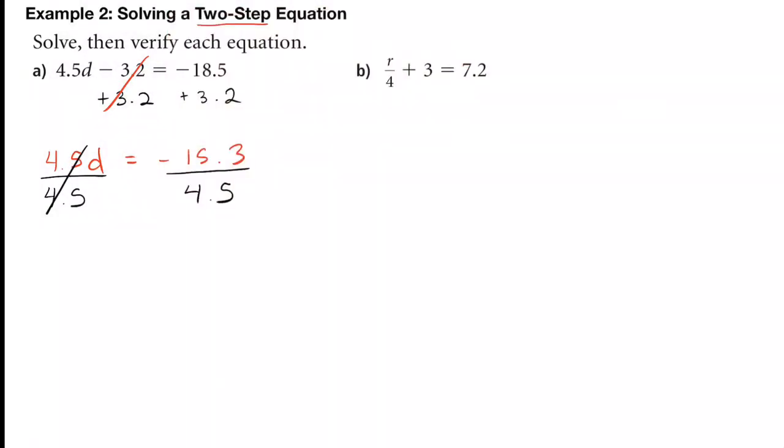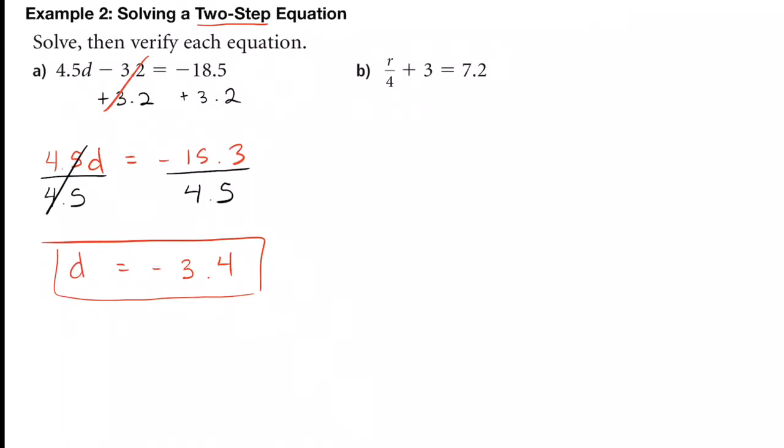And on the left side, I have d left over is equal to negative 15.3 divided by 4.5, which is equal to negative 3.4. So that's how you do that one.